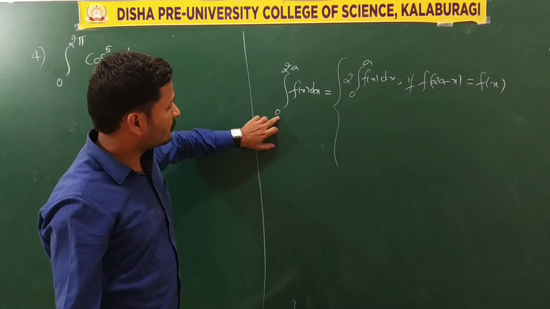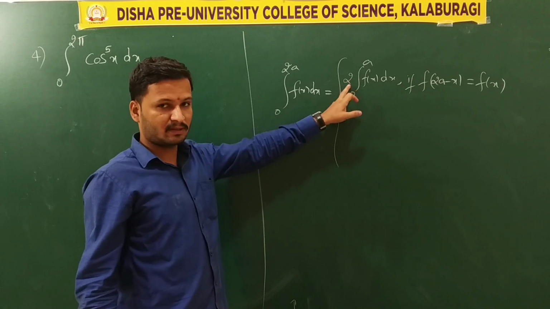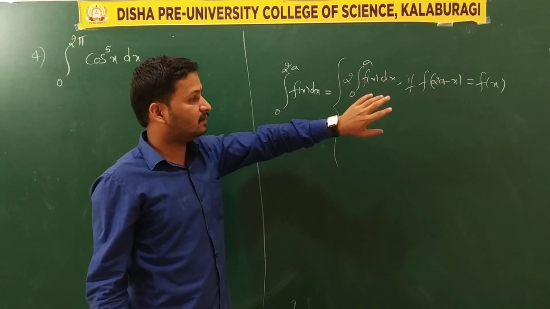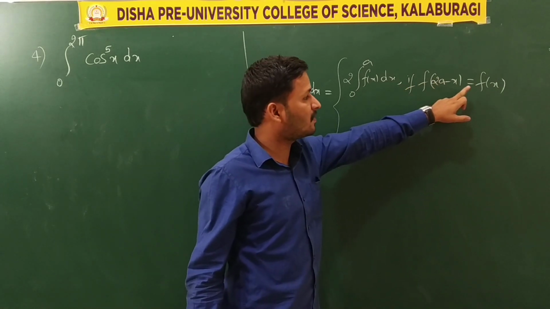So integration from 0 to 2a f of x into dx has two possibilities. One is 2 times the integral of 0 to a f of x into dx, when x is replaced by 2a minus x and on simplifying you get f of x.